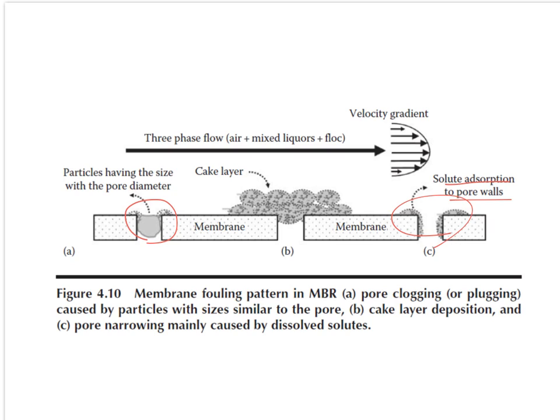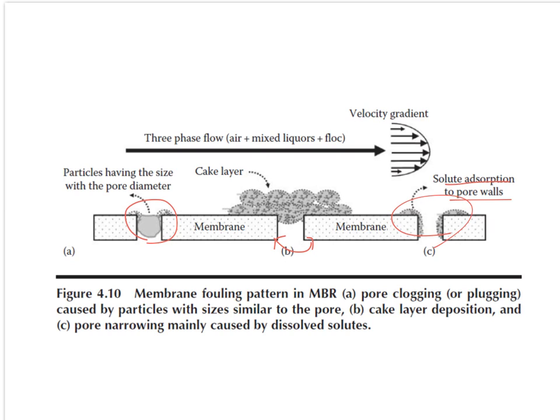Cake layer formation occurs when we have particles much larger than this pore size. Sometimes, if the particles can aggregate, even smaller particles can form this cake layer. But normally when particles are bigger, we see this cake layer formation.